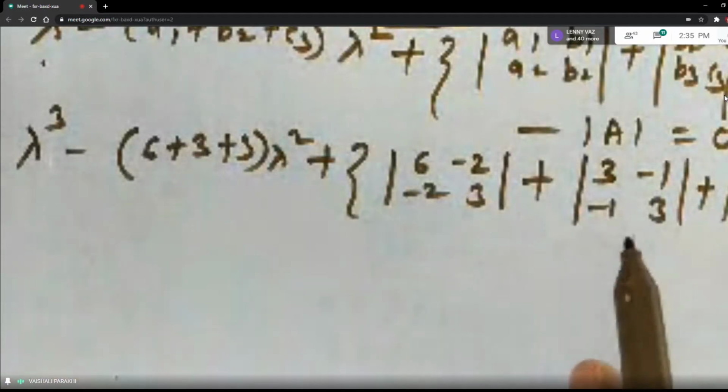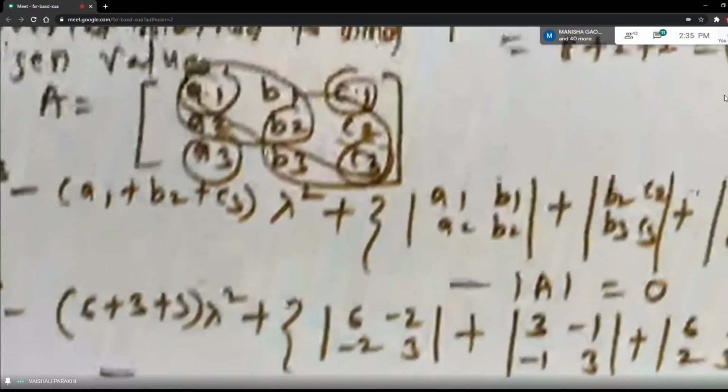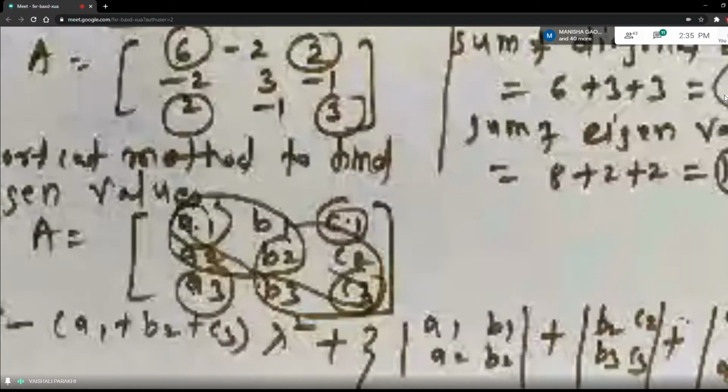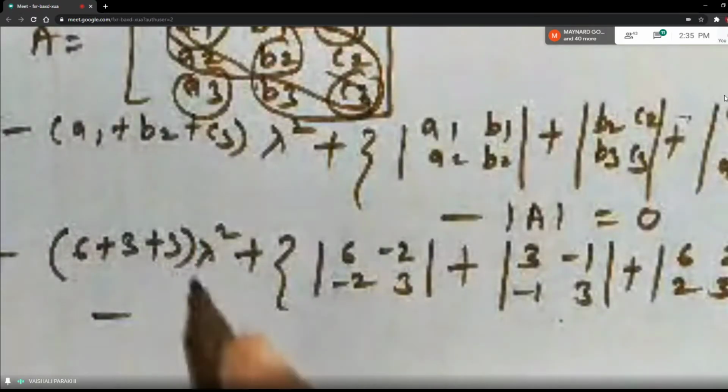So plus, minus, plus, and what is the last term, students? It is determinant of the matrix, right? So how do you solve the determinant? As usual, it will be 6.